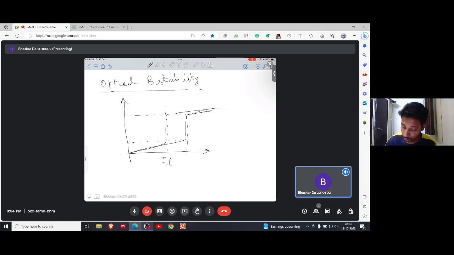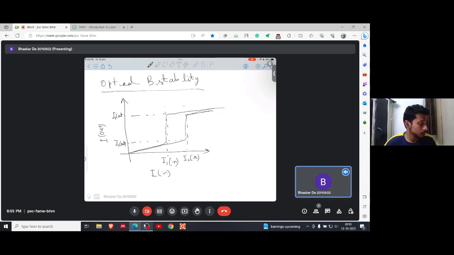This is the I1 in, this is the I2 in, this is I1 out, this is I2 out. So this is the output signal versus input signal for bistability. A bistable element allows two levels of a beam of light to pass through the system and so provides switching from one level to the other by means of the optical beam itself.